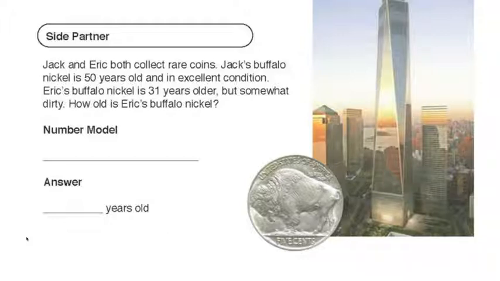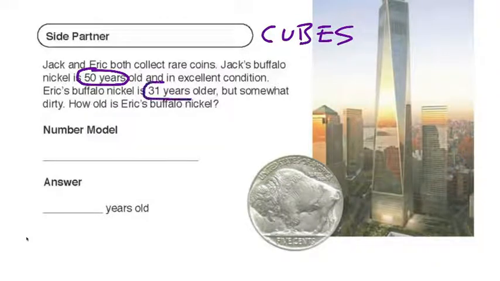Alright, first thing, let's try our CUBES. So, circling the key numbers. If the question is how old, the key numbers are going to be the ages. So 50 years and 31 years older. Okay, underline the question. How old is Eric's buffalo nickel? Okay, boxing. Well, there's one that really helps me. It's the word older.